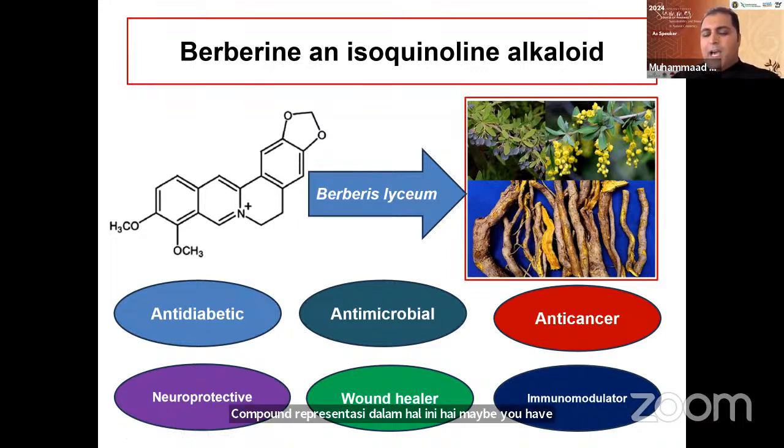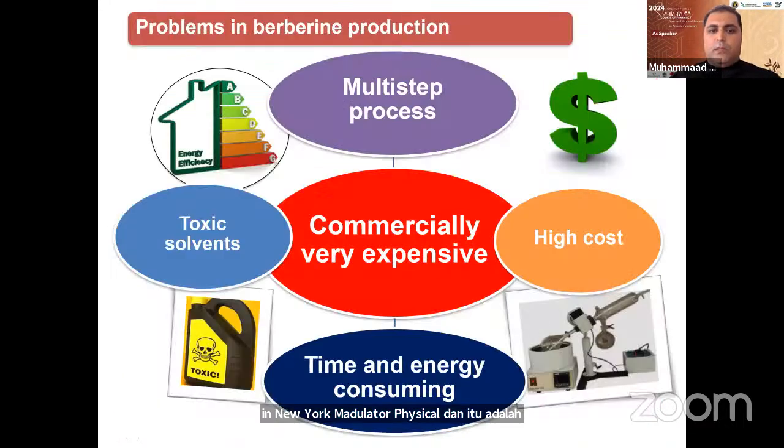Berberine is an isoquinoline alkaloid, and it has a variety of therapeutic activities: it can be used as an anti-diabetic, as an antimicrobial, it has potential against cancer, it is also an immunomodulator, a very potent wound healer, and also a neuroprotective agent.